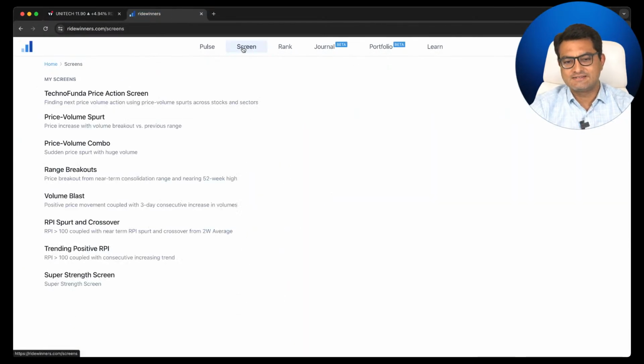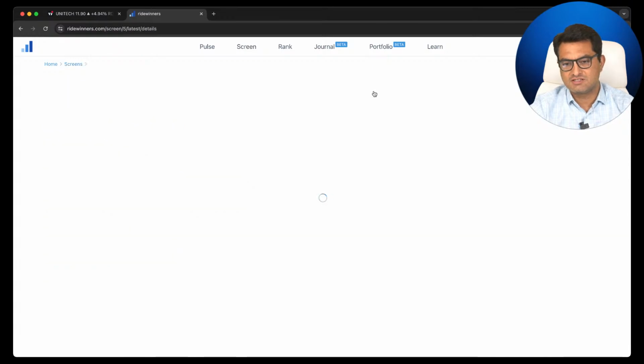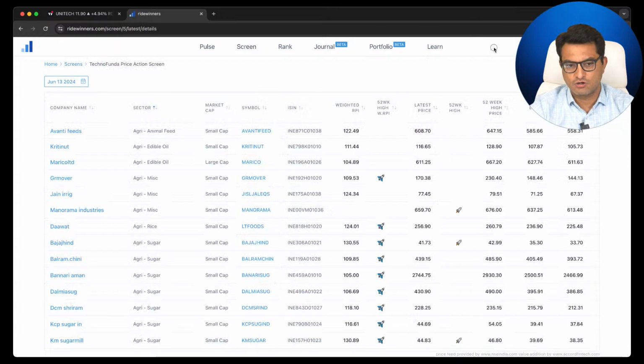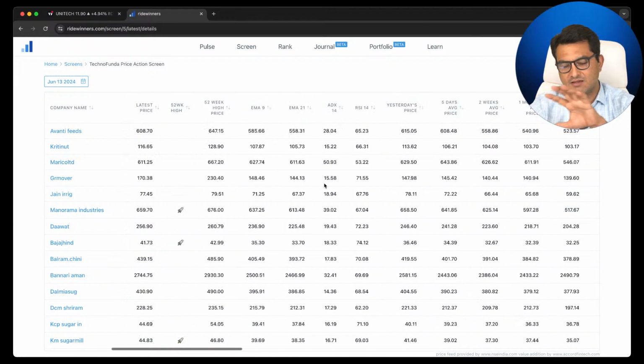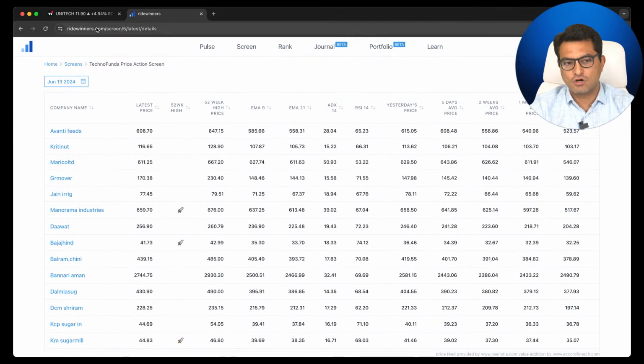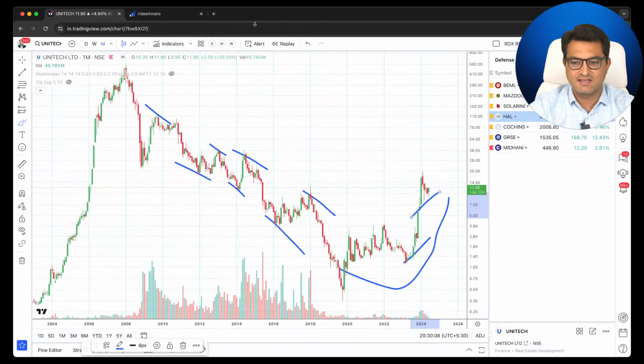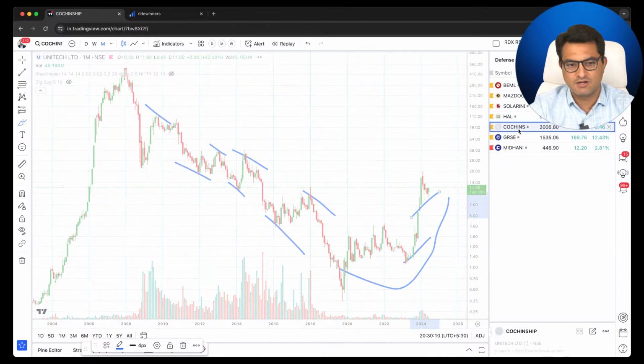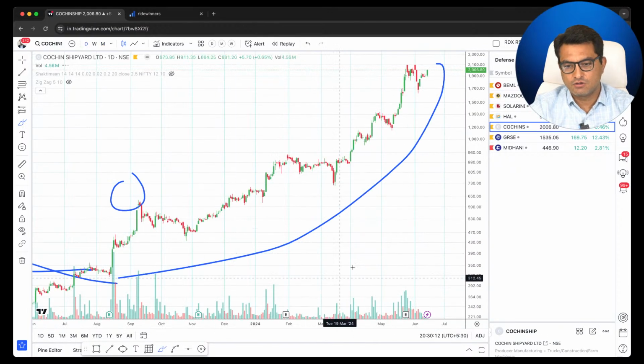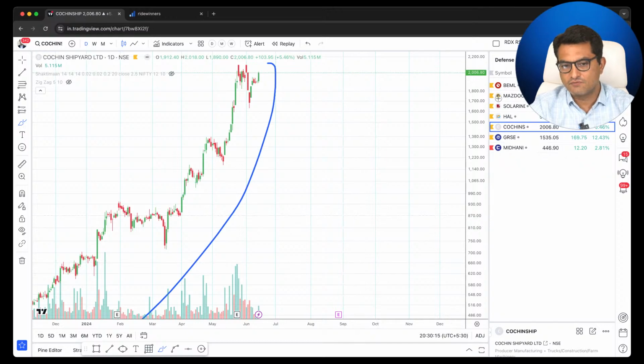So let's go here and try to understand how I see price volume action. First, there is a screen which I use. This tool is called ridewinners.com, and every day it gives me stocks where there is a spike in the price and a spike in the volume. For example, today, as we speak, there are a lot of these defense stocks where you had price and volume action.